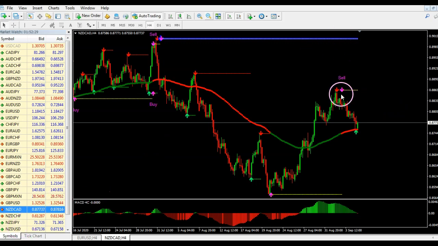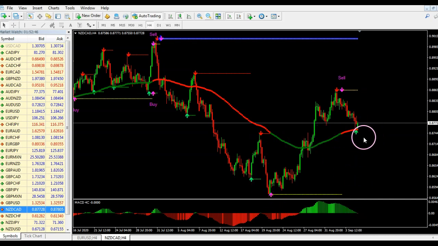All right, NZD/CAD, this is a good trade that we had in the last week and a half. And now, obviously, we have a 4-hour chart right here telling us we are in a support.